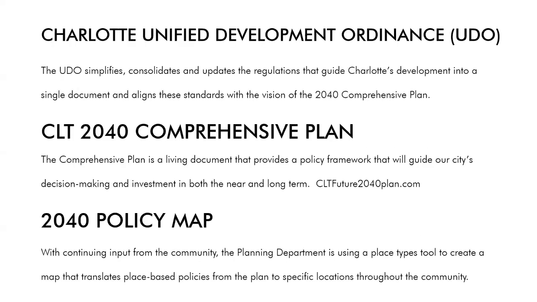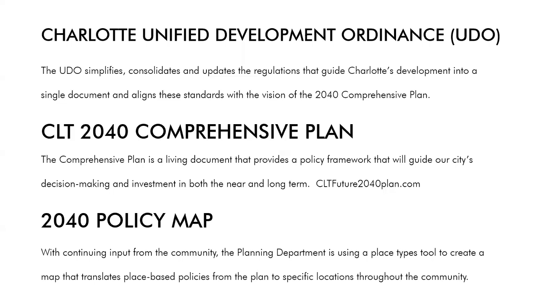So a few other items that are very important to zoning map amendments, as well as development in general. The first being the Charlotte Unified Development Ordinance. The UDO simplified, consolidated, and updated the regulations guiding Charlotte's development into a single document. There's the Charlotte 2040 Comprehensive Plan, the Future Land Use Plan.